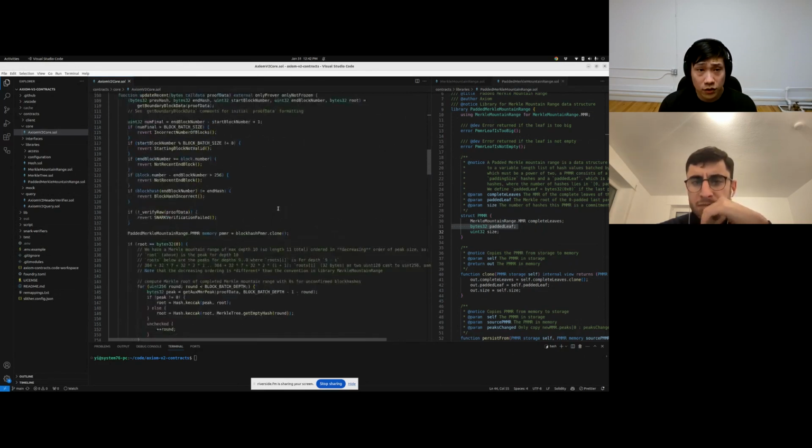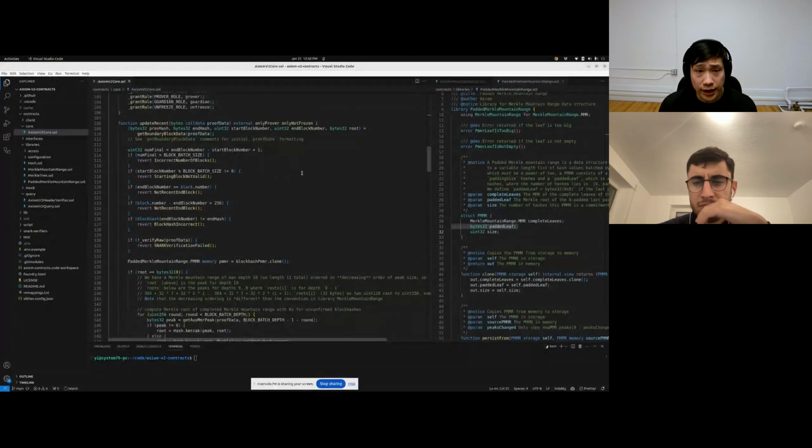And so to do that, we chose a chunk size with which we append blocks. And so we want that to be relatively smaller so that the proving time for appending is cheap. But also we don't want it to be too small because otherwise we're updating just all the time.